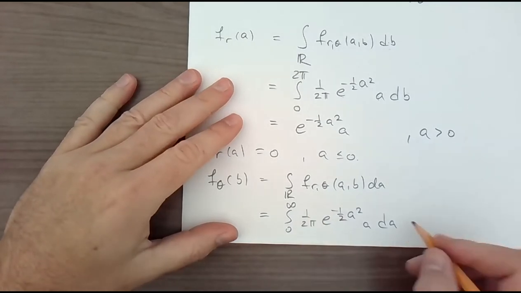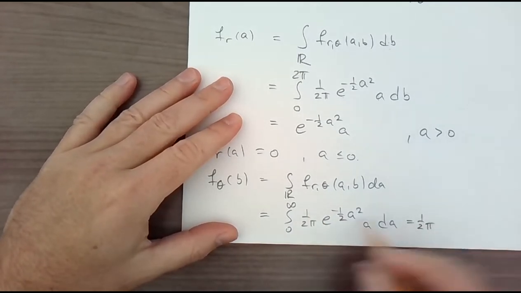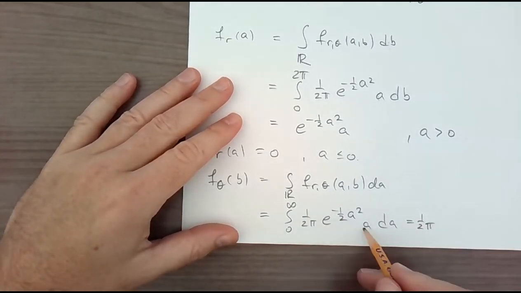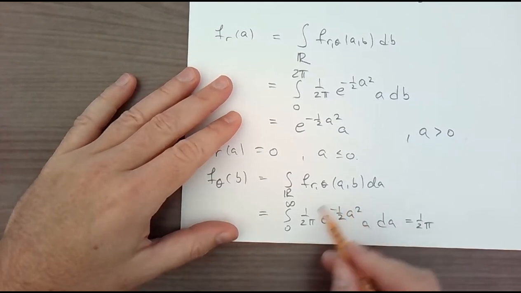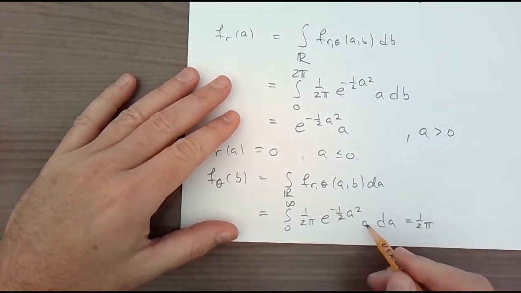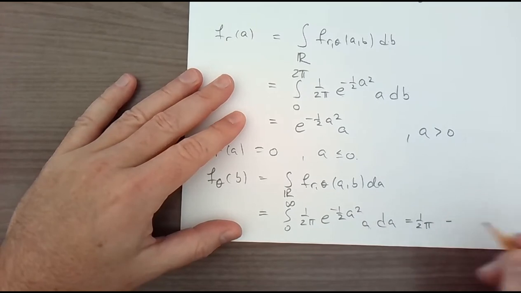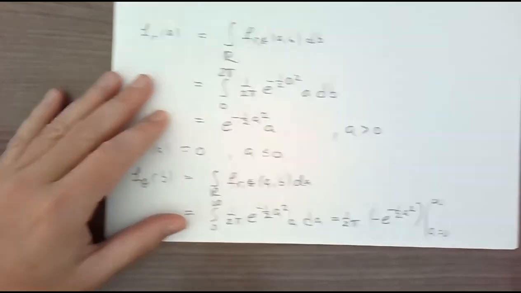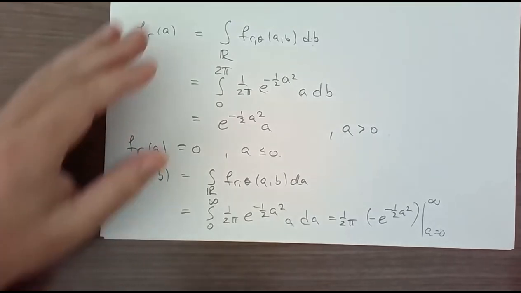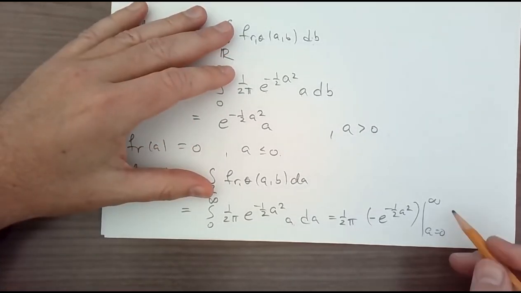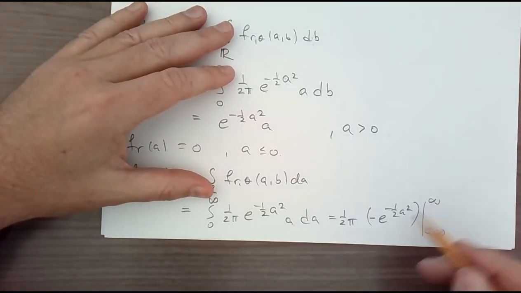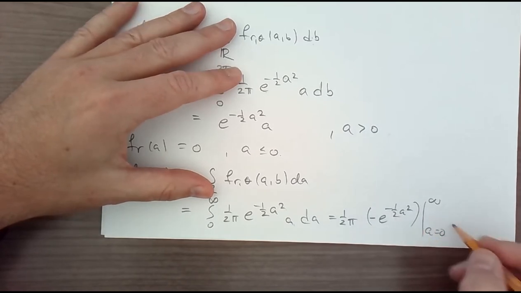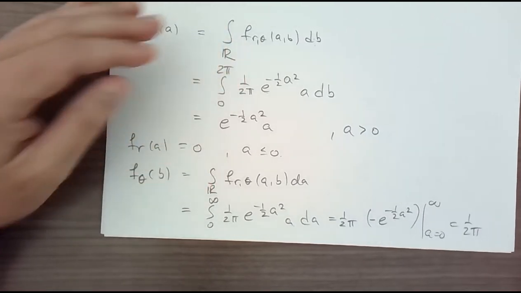It's 1 over 2 pi, and then I need to find a function that has this thing as its derivative. There's an a out there. This is minus e to the minus 1/2 a squared. I need to evaluate that at 0 and at infinity. When I evaluate it at infinity, I'm going to get 0 and then 1. So this is equal to 1 over 2 pi.